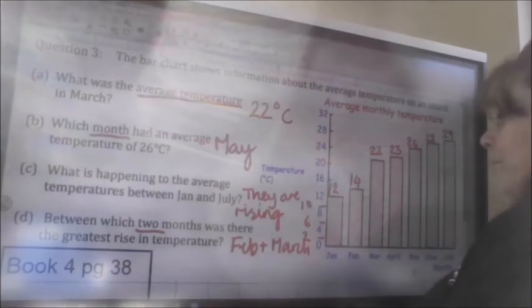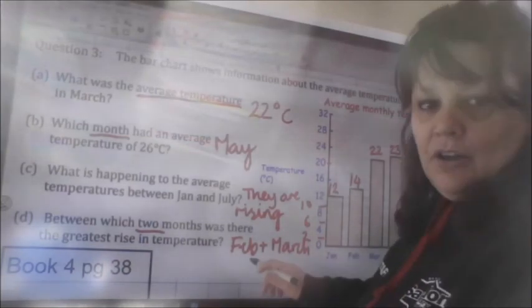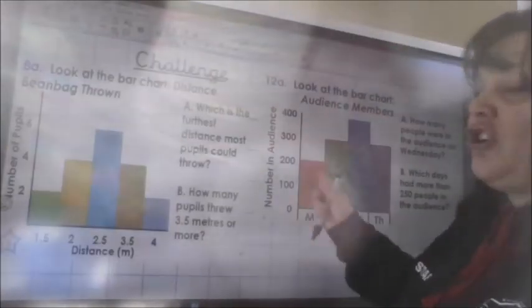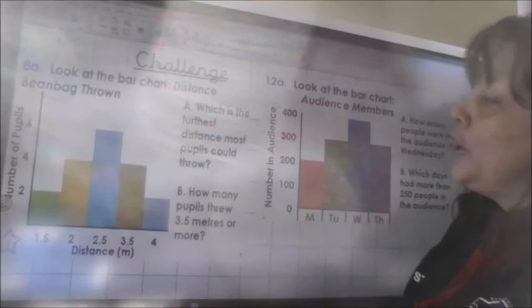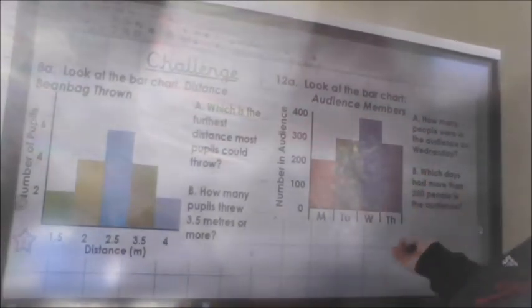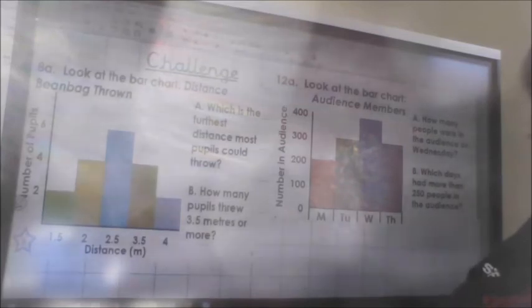Okay, so let's have a little look then back at what you're going to do next. So, book 4, page 38, you'll have a little go at that. And then I'm going to just move the board along because I've got a couple of challenges for you here. You have got a couple more bar charts, okay?